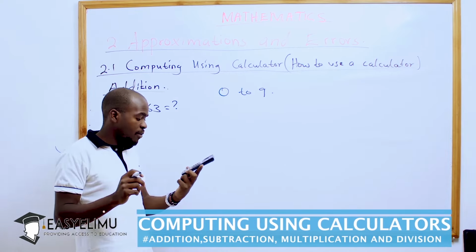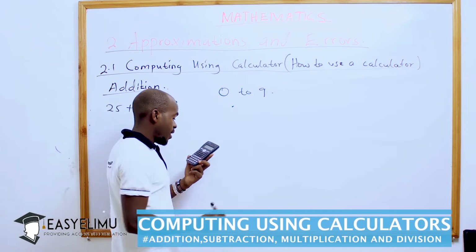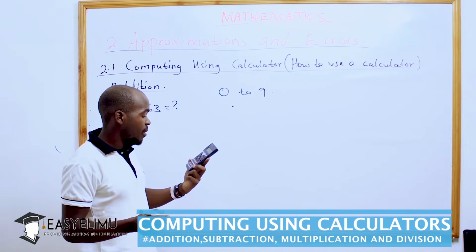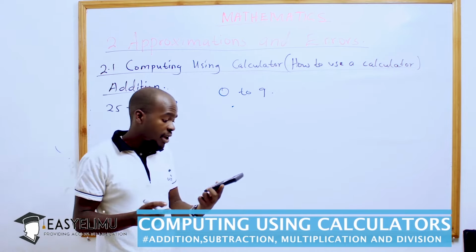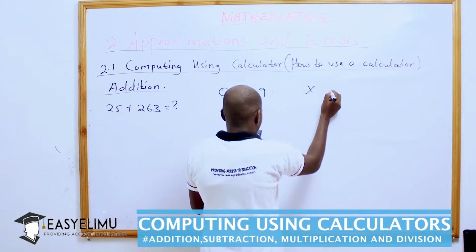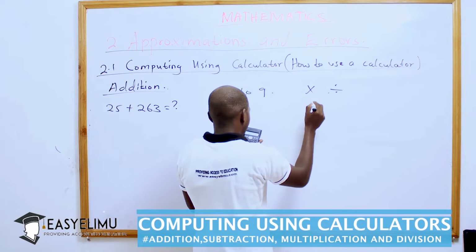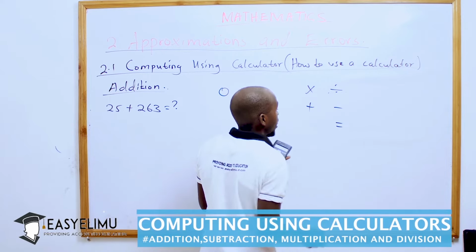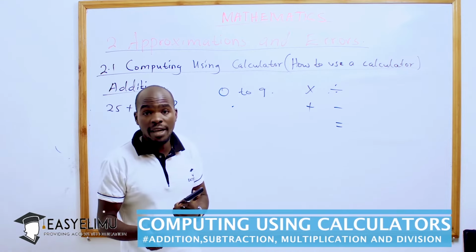Others have the decimal point, and every key has its own function. Others have multiply, others have divide, and then we have addition, subtraction, and the equal sign key.